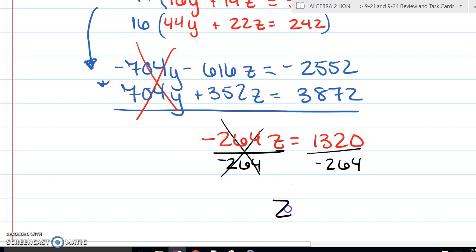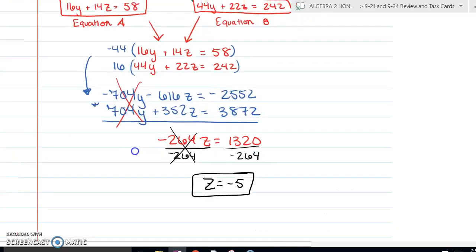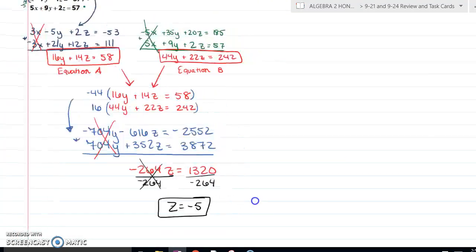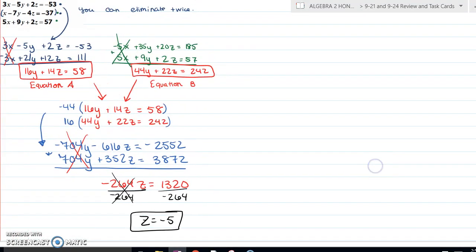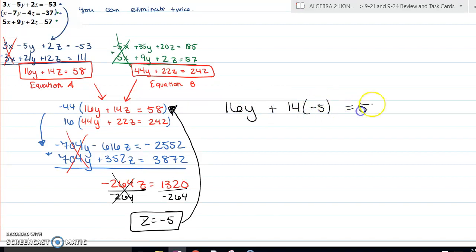And you get that z equals negative 5. And like I told you in class, once you get that number, everything kind of falls into place now. We work our way down to one variable, and we bring it back up and plug it into one of the two variable equations. I'm going to choose this one, 16y plus 14 times z equals 58.